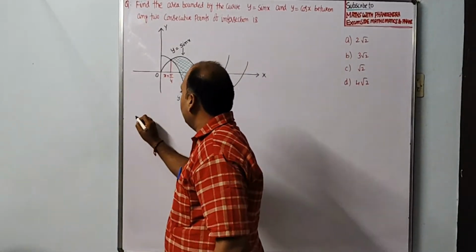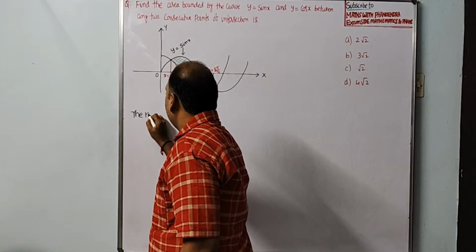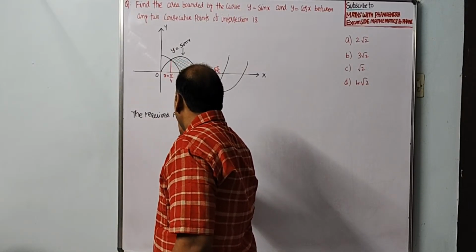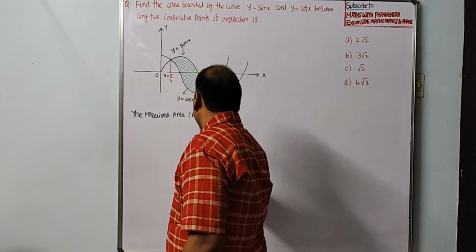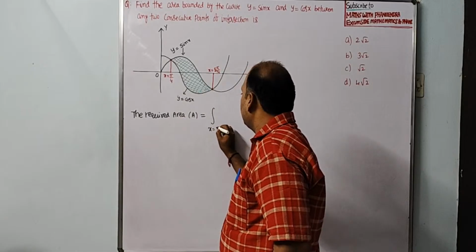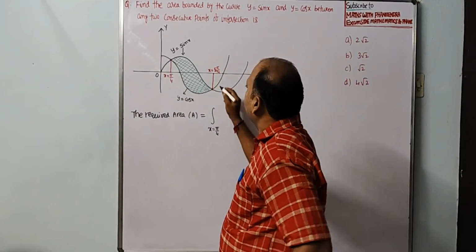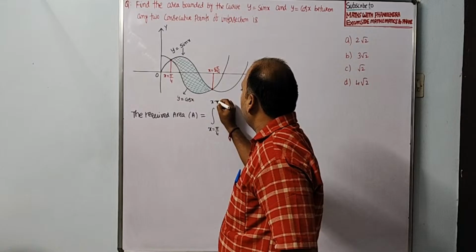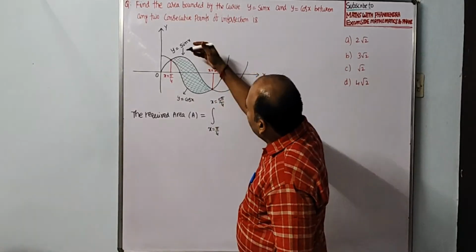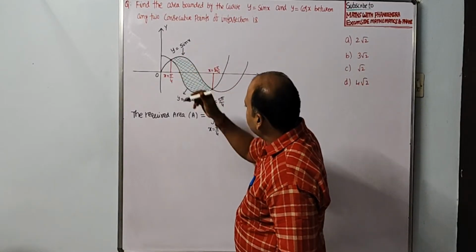The required area, shaded region, A equal to integral x is equal to pi by 4 to 5 pi by 4. First curve is sin x, next curve is cos x.